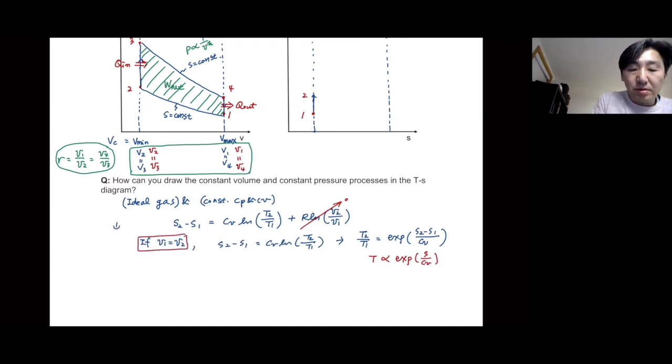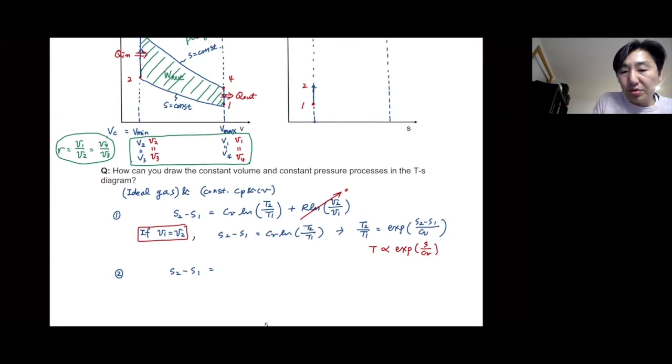Now, what if we use this equation, S2 minus S1 is equal to Cp log T2 over T1 minus R log P2 over P1.